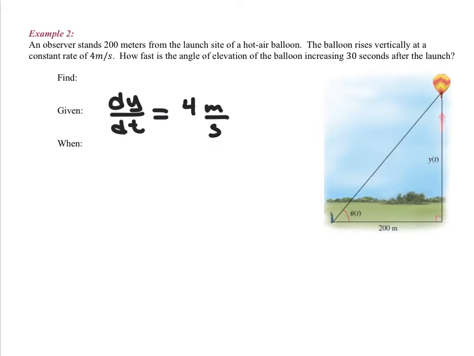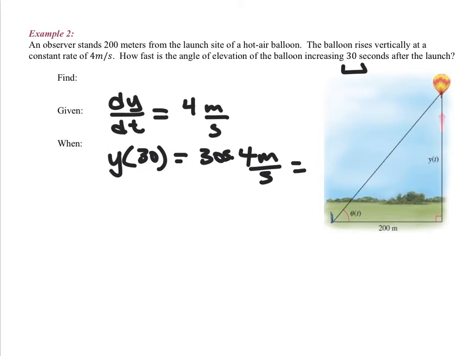And when this happens is at time 30 seconds, but we don't really want that. We want what the height will be at 30 seconds, which would be 30 seconds times 4 meters per second, which would be 120 meters.